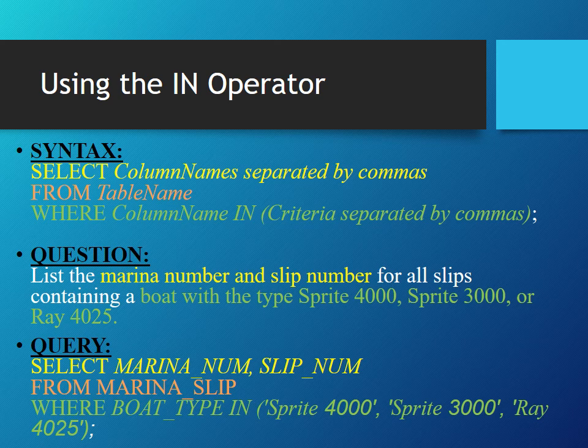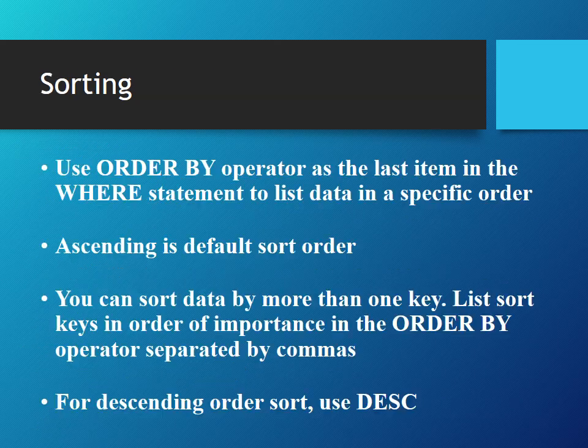We go select marina number, slip number, from the table name marina slip, where boat type is in, the keyword in, and then in parentheses we have Sprite 4000, comma, Sprite 3000, comma, Ray 4025. Notice that each one of those is in single quotes as text, followed by a semicolon. Now on to sorting.